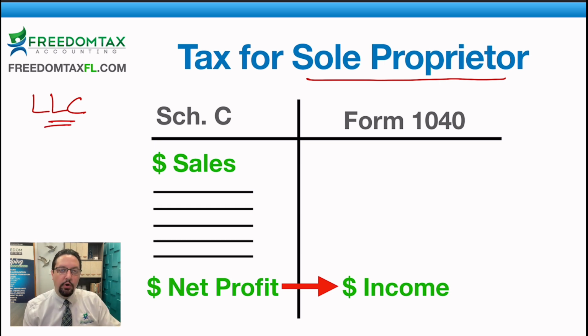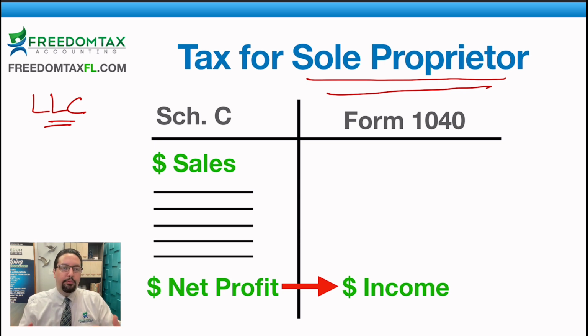Because when you work under an LLC and you're the only owner, meaning your LLC is a single member LLC, the automatic tax designation for a single member LLC is that it pays taxes as a sole proprietor. So legally you are an LLC. That way you get the legal protection, but for taxes, you pay taxes as a sole proprietor.